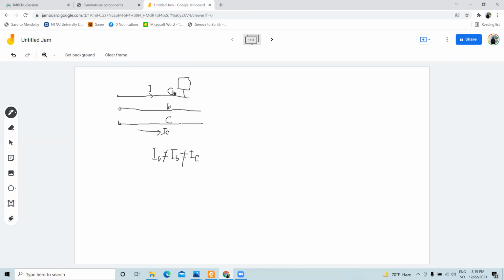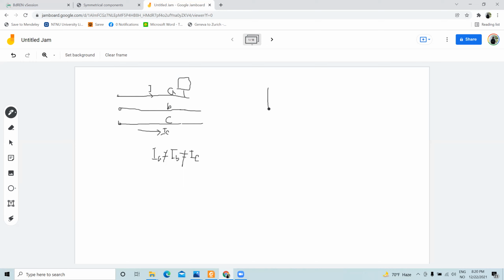We know that if these phases are balanced, they have the same amplitude, and the only difference is the angle. They are 120 degrees apart from one another.